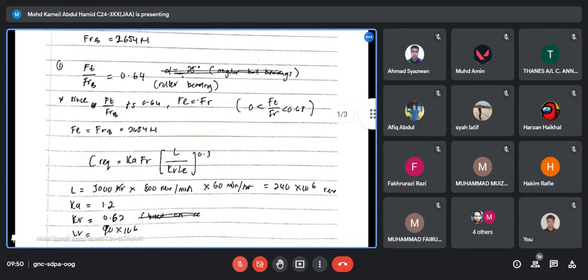Okay, so for the roller bearing FR is 2654, okay, that's fine.